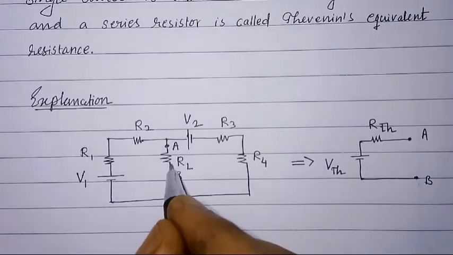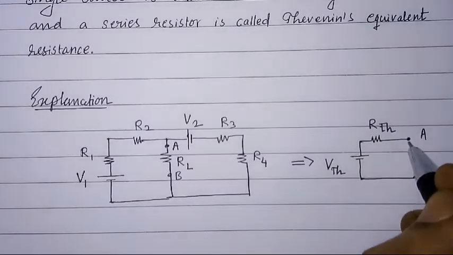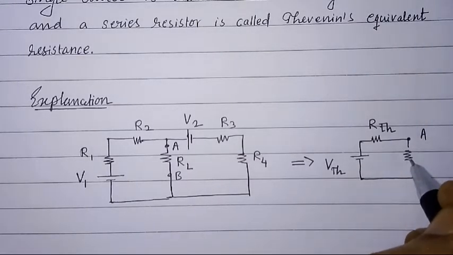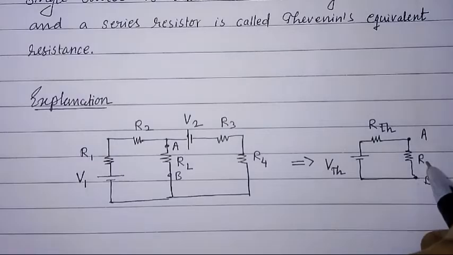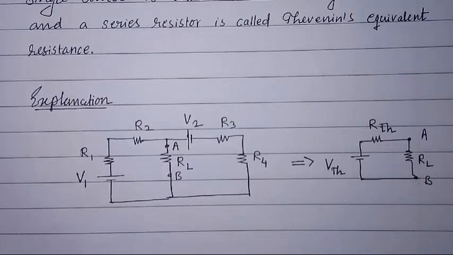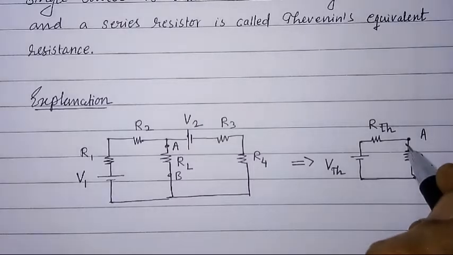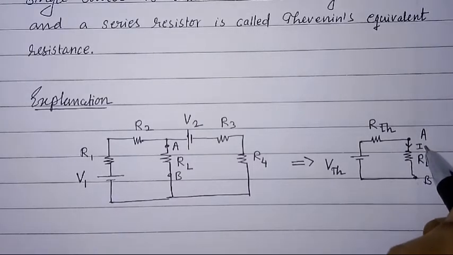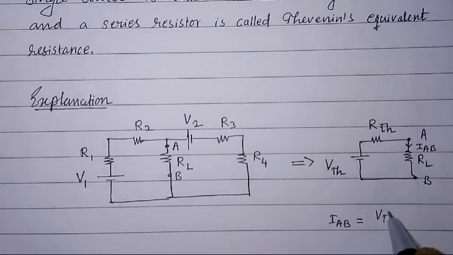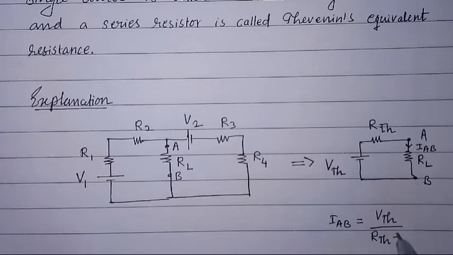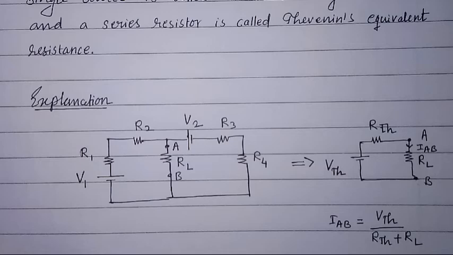If I connect here now this load resistance between terminal A and B, I can calculate current IAB as VTH upon RTH plus RL, because it is series circuit now.